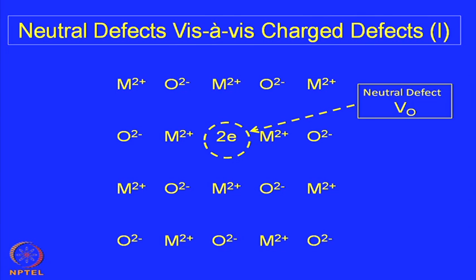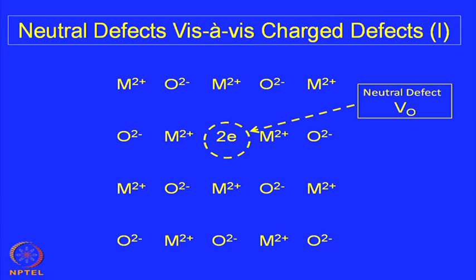When oxygen comes out of the lattice, it will come out in the form of an atom, not in the form of an ion. Only within the lattice will it have a charge component. So when it is coming out of the lattice, it may release the 2 electrons associated with it at the site where it was originally sitting.